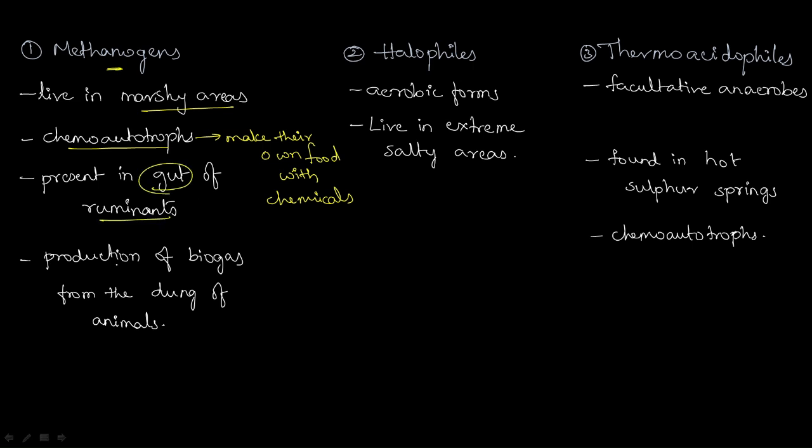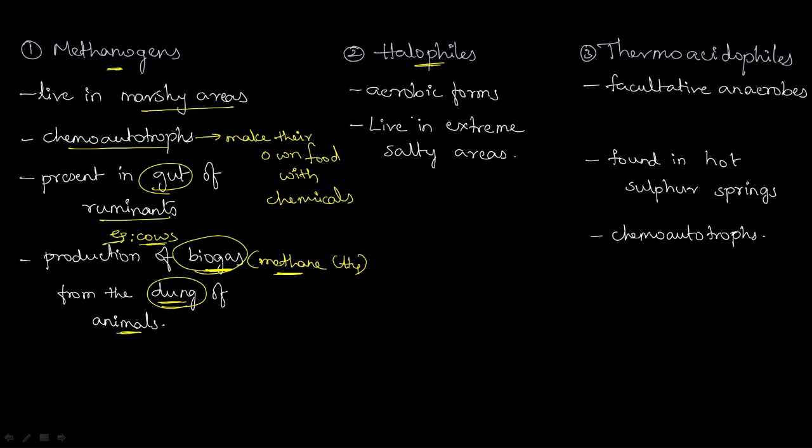Generally, methanogens are present in the gut of ruminants like cows and buffaloes. Methanogens help in the production of biogas, which is methane, that is CH4, from the dung of animals. These methanogens make biogas from the dung of cows and buffaloes.